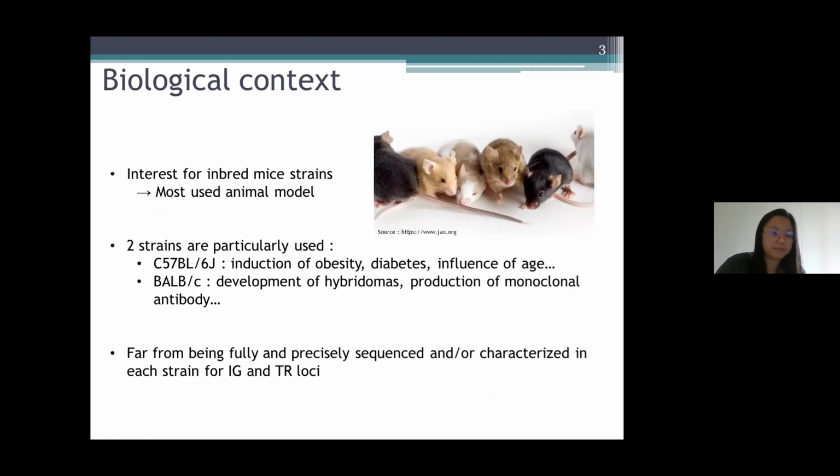And we also have BALB/c, which is used for development of hybridomas and production of monoclonal antibodies. All the strains are far from being fully and precisely sequenced and characterized for IG and TR loci. So knowing and understanding the organization of these repertoires in the different strains is essential for understanding the reaction of the adaptive immune system and for the choice of murine models in biology.